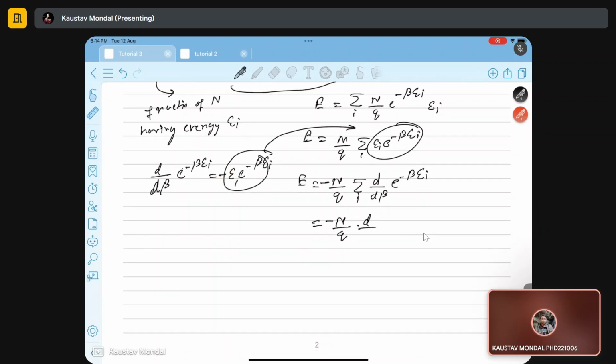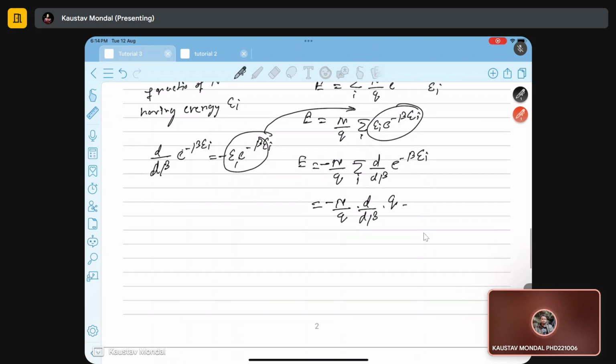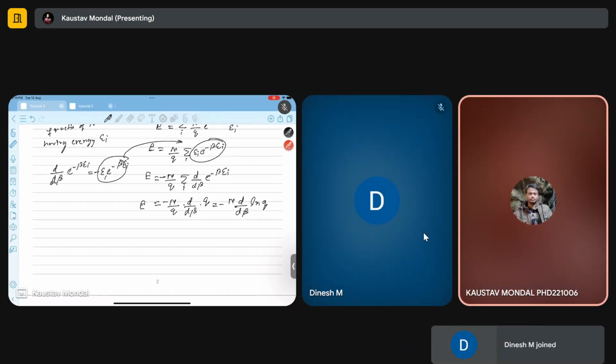Now we can write d by d beta outside, so the summation over e to the power minus beta Ei would be simply Q. So we can write it like minus N by Q d by d beta of Q, that is minus N d by d beta of ln Q, right? So this is the expression of the total energy of the system.